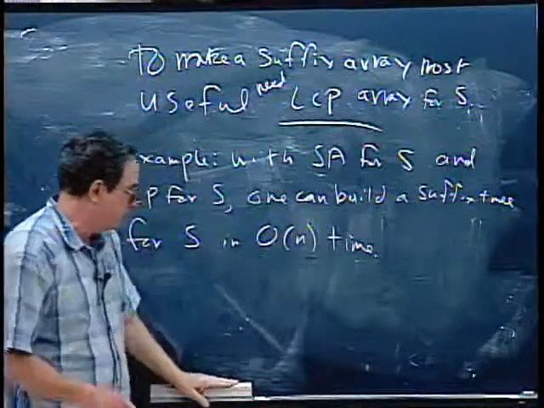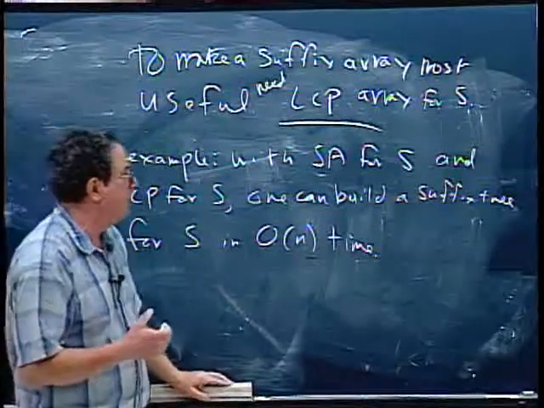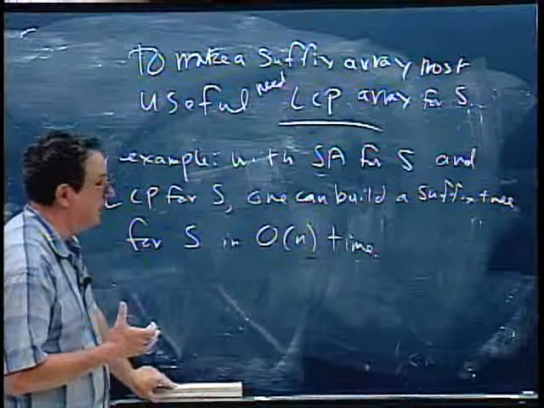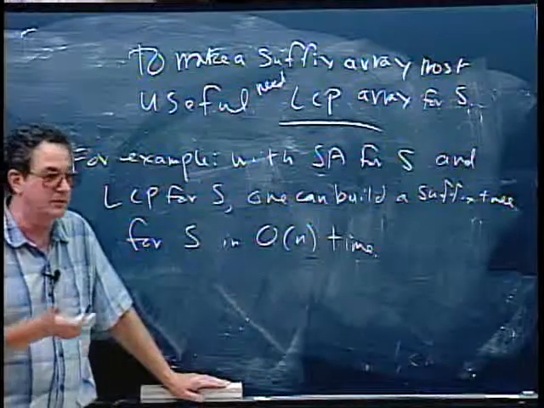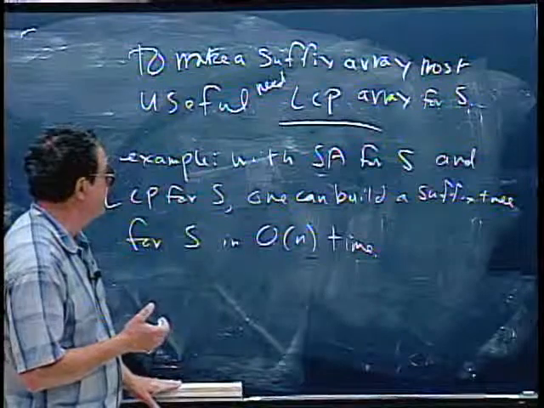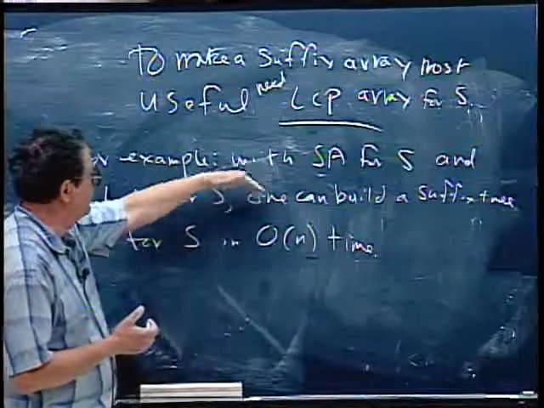And so, in fact, today, 2011, when people want to build a suffix tree, typically now, instead of using the beautiful classical algorithms like Ukkonen's algorithm for building a suffix tree, they will build the suffix tree with this approach.